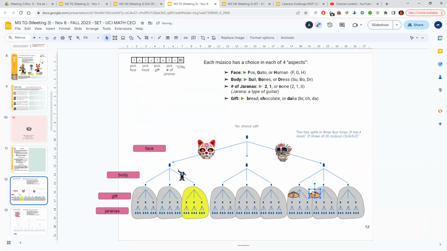A bread, and a bread, right? So you can see that there's 9, 3 times 3 times 3. There's 9 humans that carry a bread for the gift. It's just separated, right, by the choice of this.